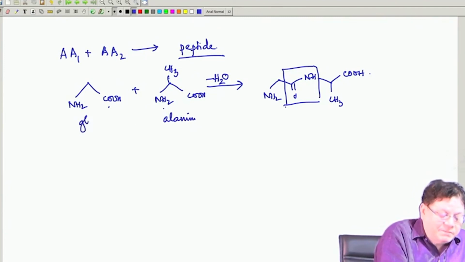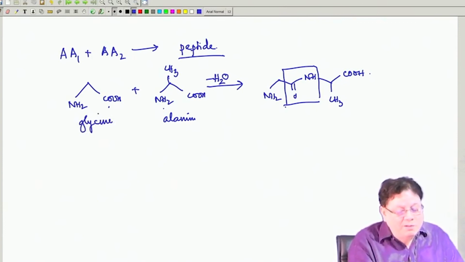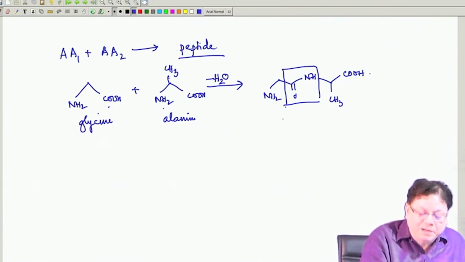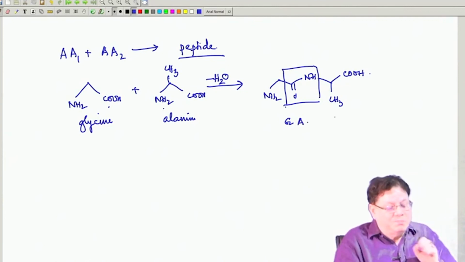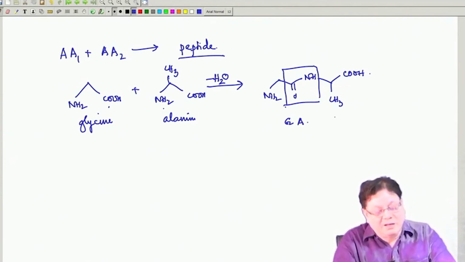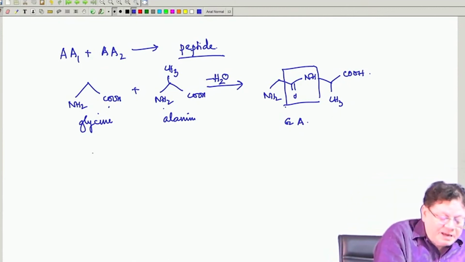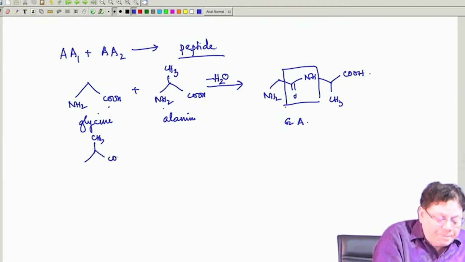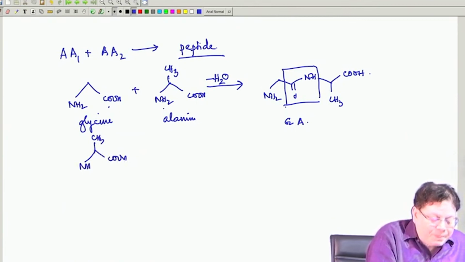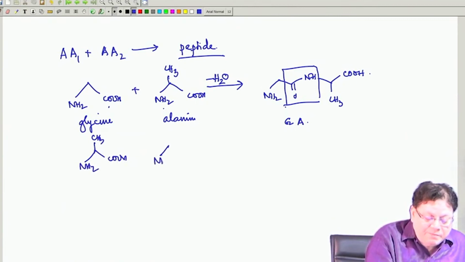Okay. The other point to note is that this is alanine and this is glycine. They can react in two ways. One, they can form a peptide which is GA. Now, we should start writing the symbol GA, glycyl alanine, or it could be that the alanine carboxy reacts with the glycine amine.